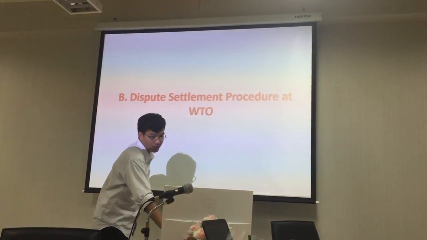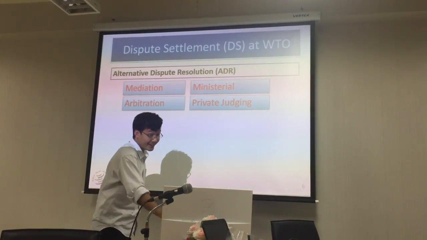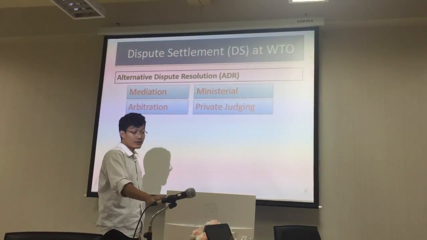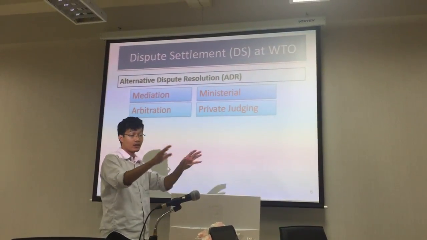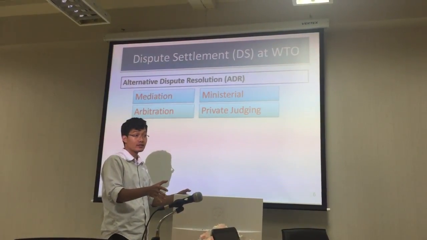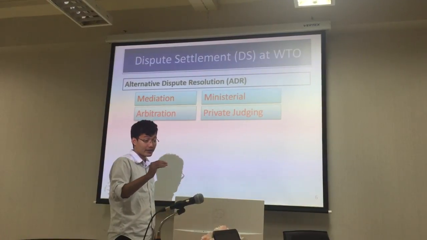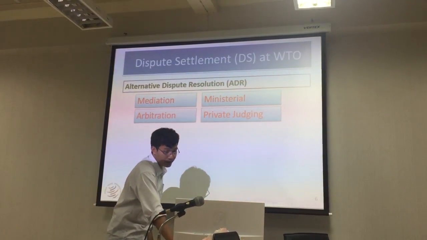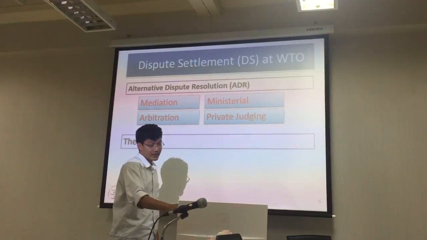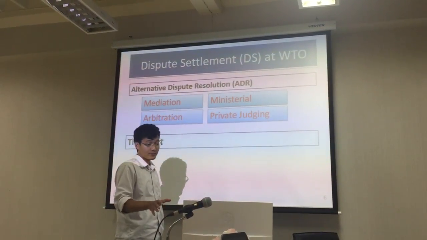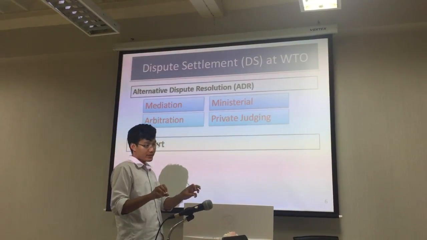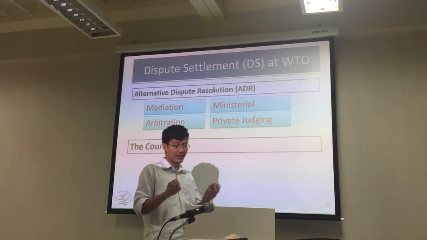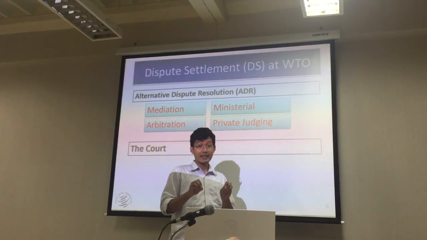So, go on. Here is the general dispute settlement all around the world, because it is divided into three. The first one is alternative dispute resolution, where each party can mediate with each other.